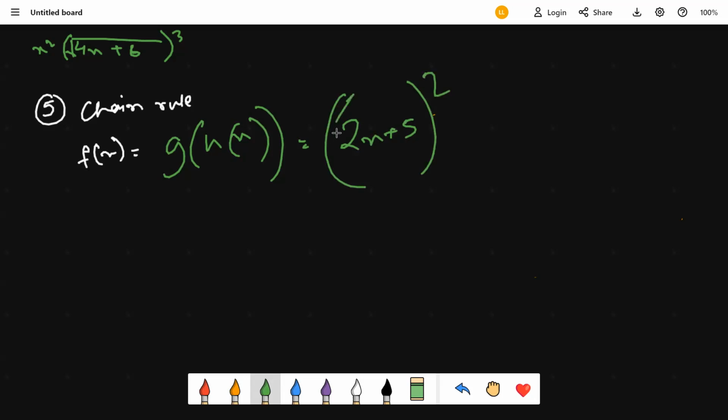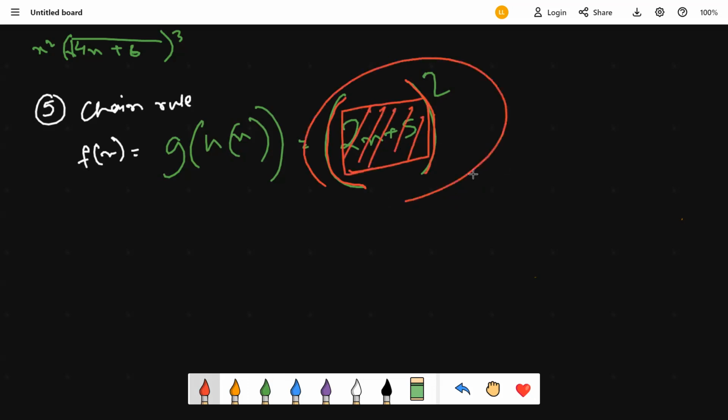So this outer part, not the part inside the bracket, just the part which is outside this red bracket. This red bracket is itself a function. So consider this as a whole, let's say this is a. So that is what we are going to be differentiating at first.